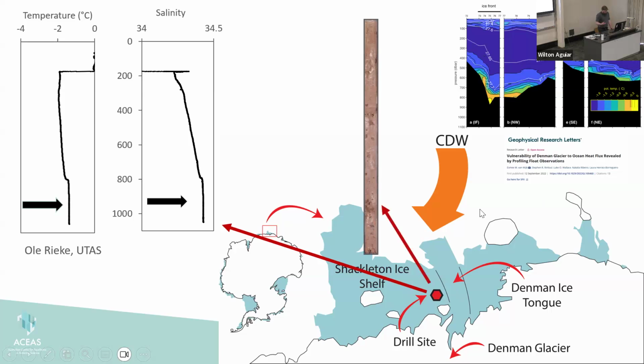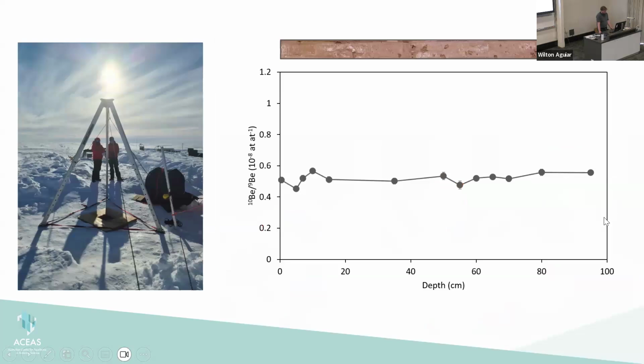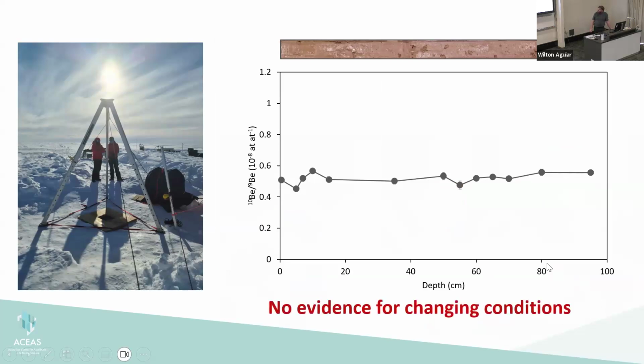And from that, I wanted to measure this core for beryllium isotopes to see if there was any change. And what I found was relatively disappointing in some ways because it looks like there is no change. So it doesn't look like there's substantial evidence for changing conditions at the specific location beneath Shackleton Ice Shelf.